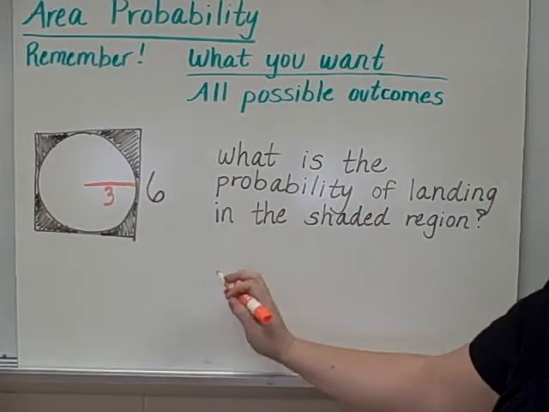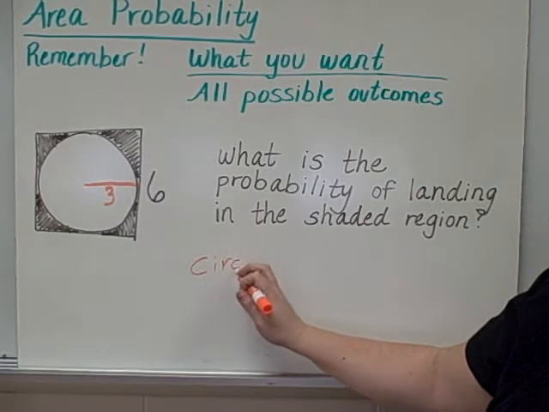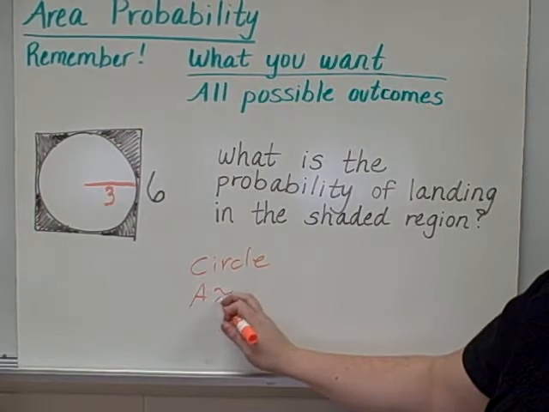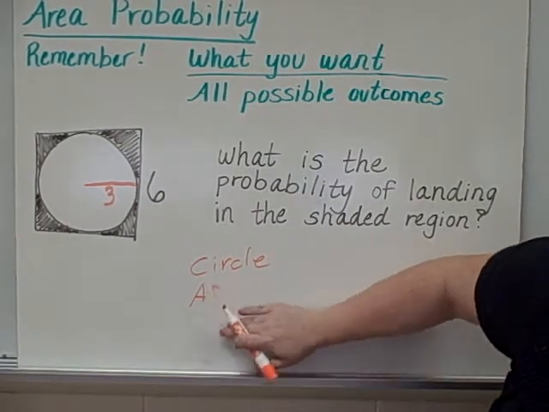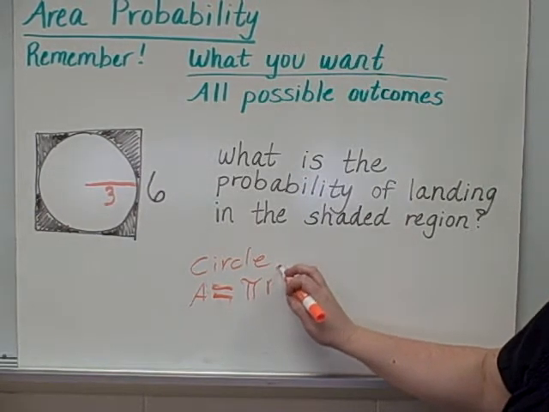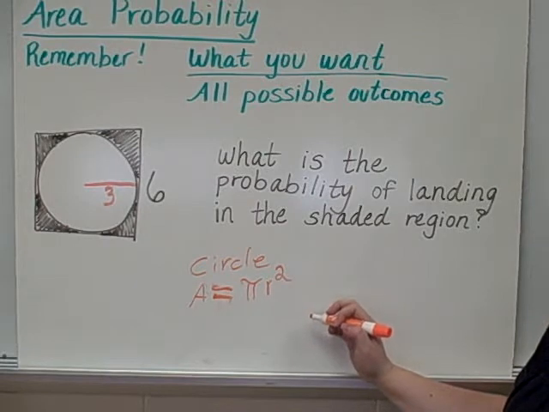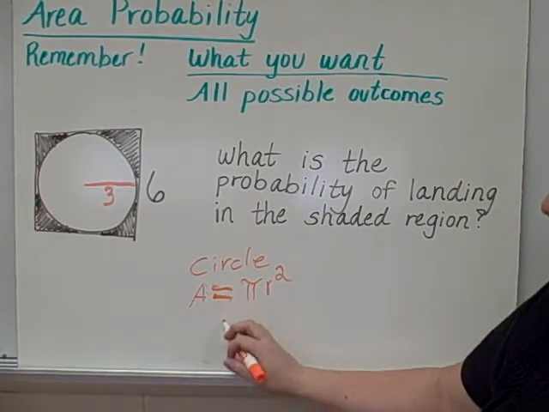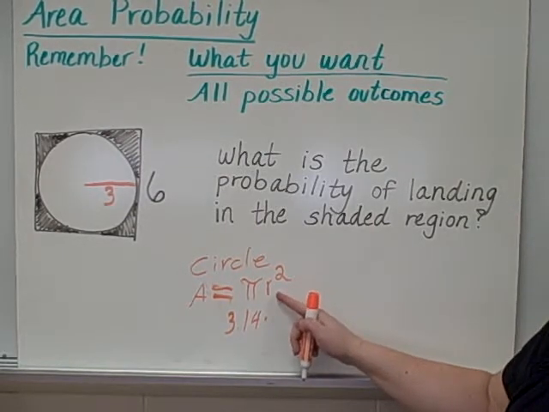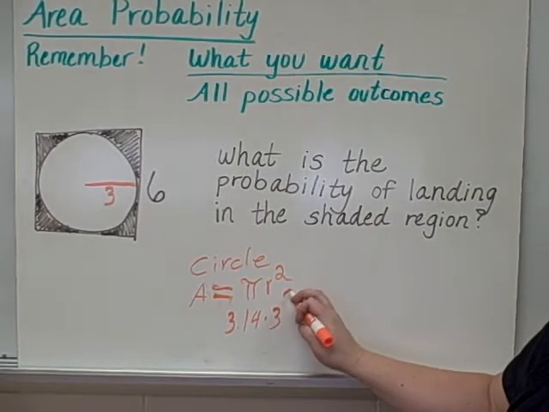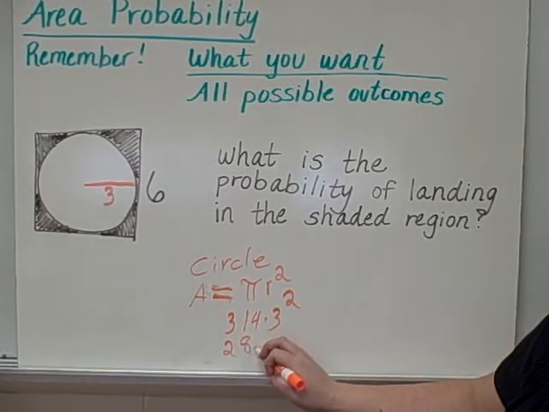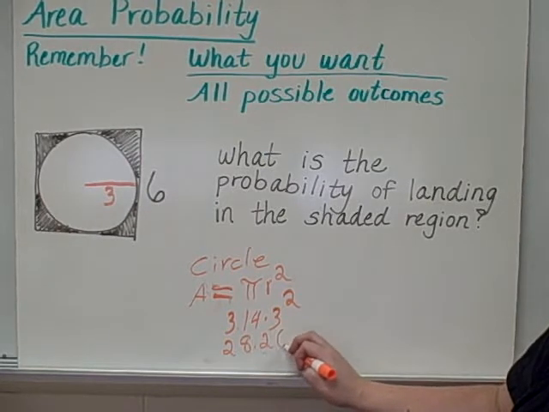So the area of a circle is pi r squared. Pi, we round to 3.14, times the radius 3 squared, which gives us 28.26.